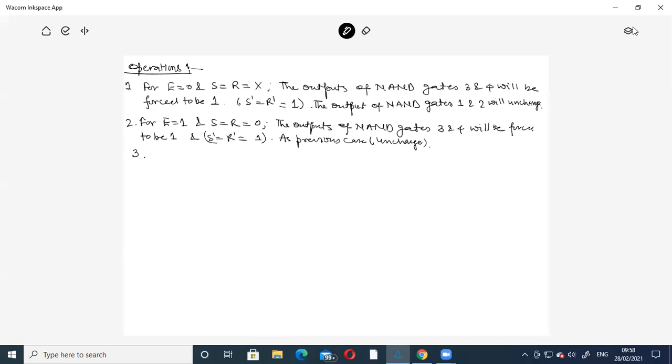The third case is when E is equal to 1 and S is equal to 0 and R is equal to 1.